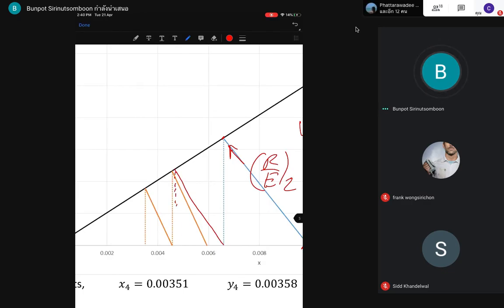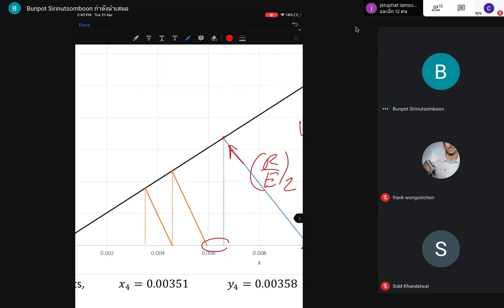But because you have the feed that goes into the middle, you get some kind of gap here. Because of the feed, it shifts the graph a bit to the left.